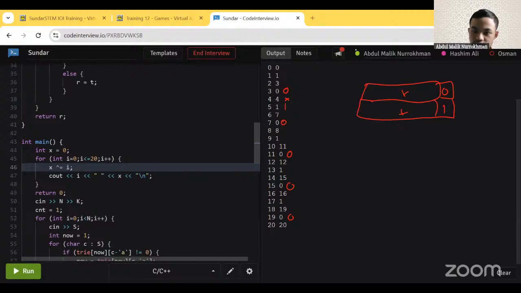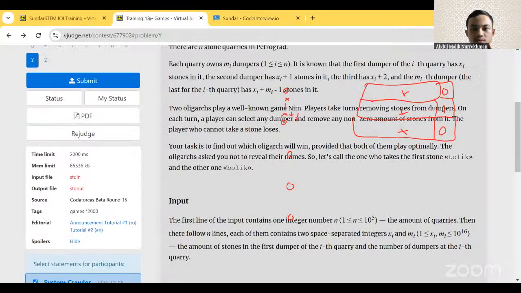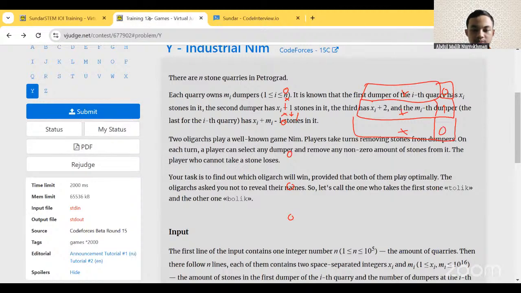Yes, you can solve it by induction. After that, from 1 to x XOR by 1, and we know x is even, so it becomes x plus 1. All right. So we can solve this problem using this pattern.